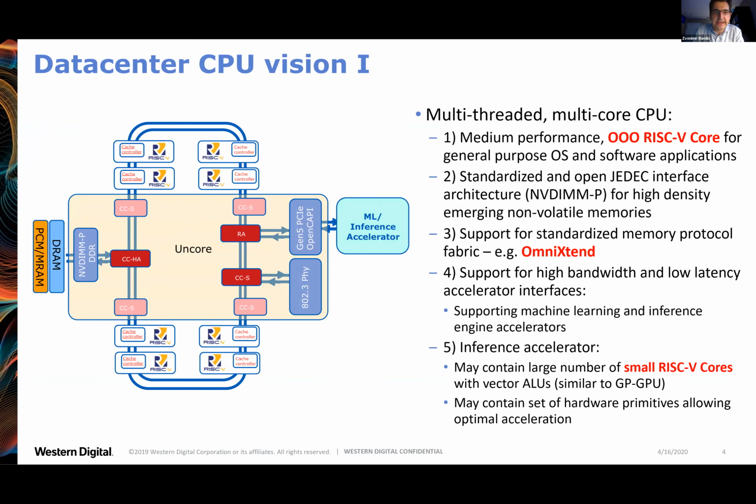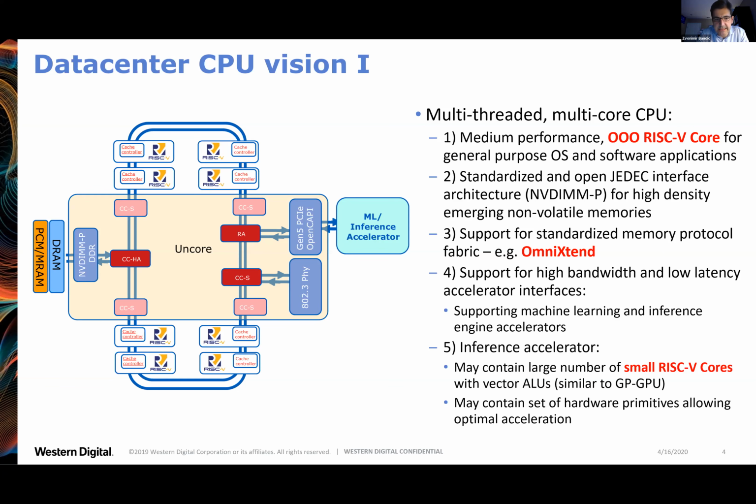The vision of a data center of the future is obviously a multi-threaded, multi-core CPU. We see the importance of getting to out-of-order RISC-V cores that can support a general purpose operating system and software applications. But we believe that the most important connectivity for the CPU systems are those related to memory and accelerators.